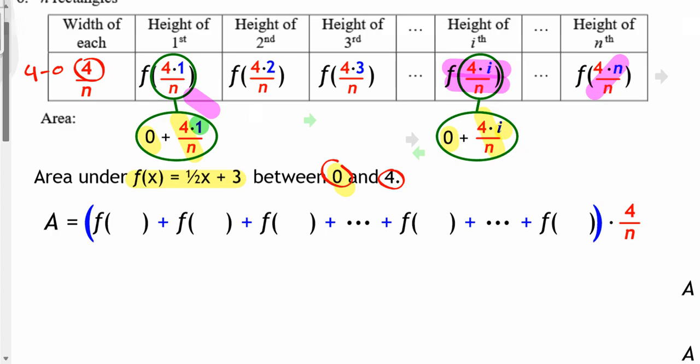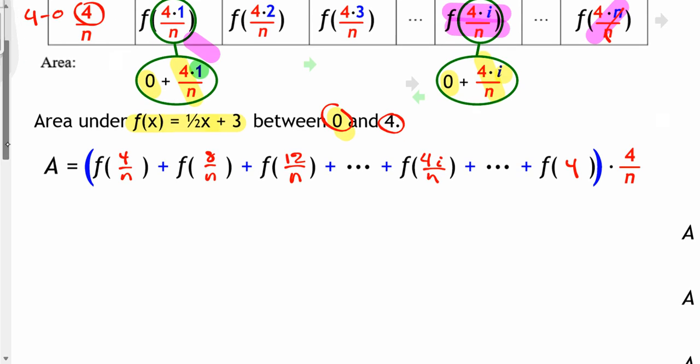So what I can plug in here is this will be 4 over n from that first term, and then this will be 8 over n from the second term, and this will be 12 over n from the third term, and then this is going to be 4i over n for my mystery ith term, somewhere in the middle. And then my last term will just be a 4, because those n's would cancel out, because that's my right end. Good?